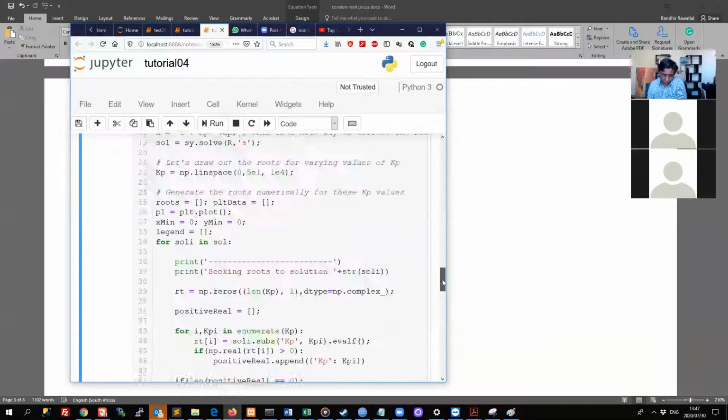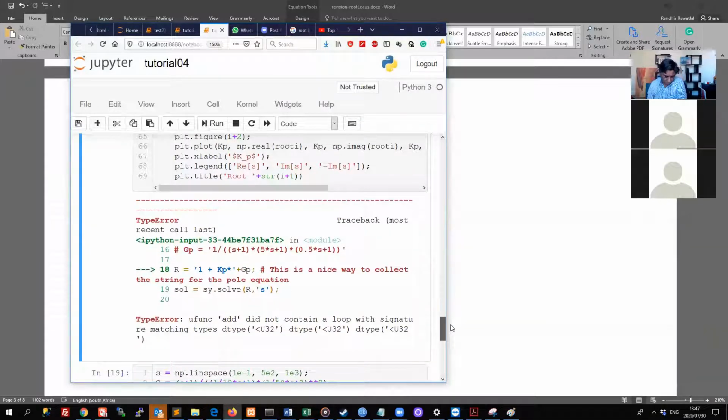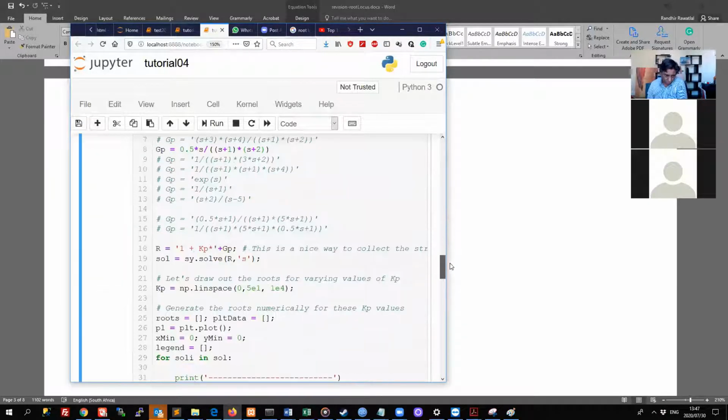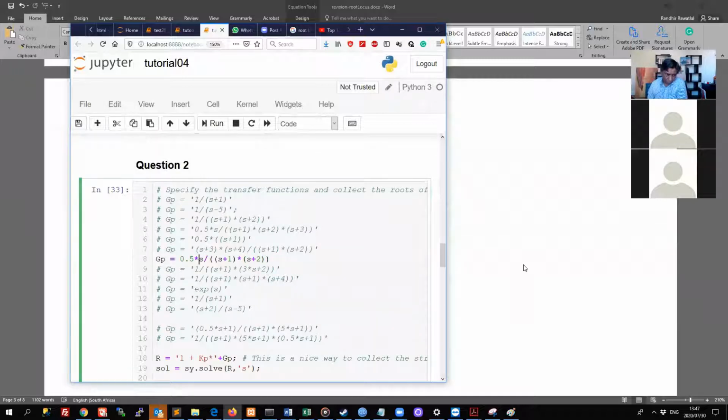I think I just didn't write this function well. So GP, oh, it needs to be a string.